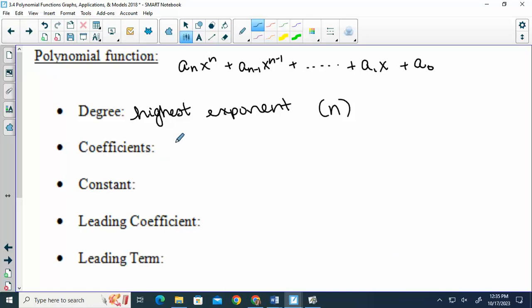The coefficients are all of those a values. So those numbers being multiplied with the x's.